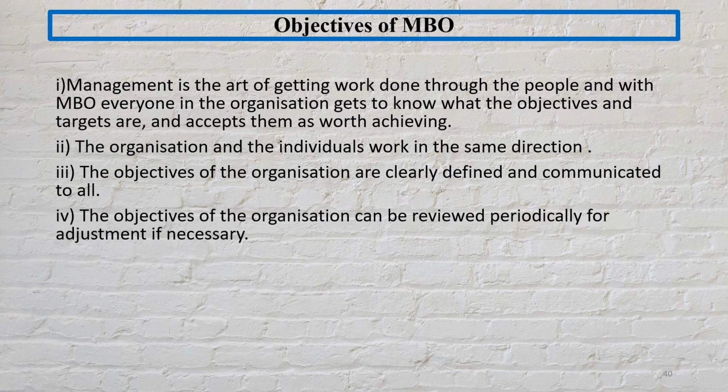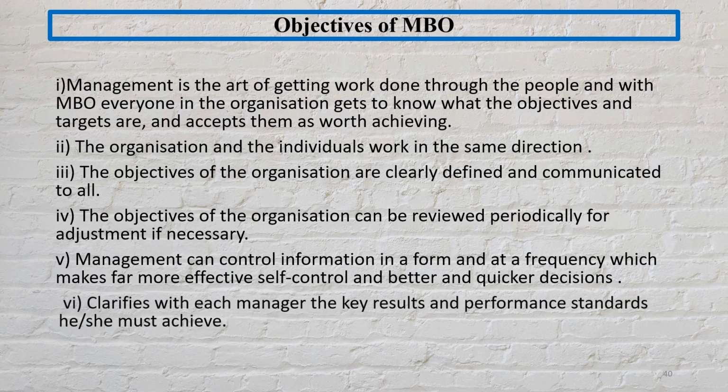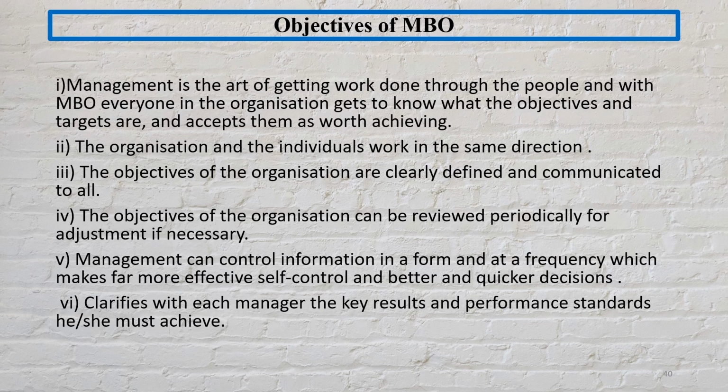The objectives of the organization can be reviewed periodically for adjustment if necessary. Management can control information in a form and at a frequency which makes far more effective self-control and better and quicker decisions. It clarifies with each manager the key results and performance standards to be achieved. It helps to strengthen a manager's motivation.